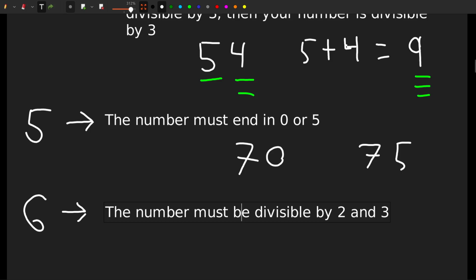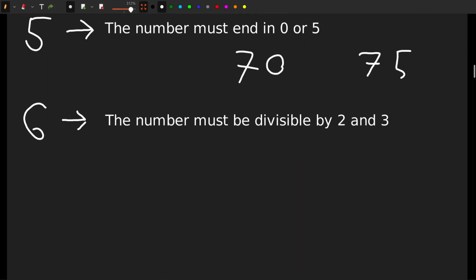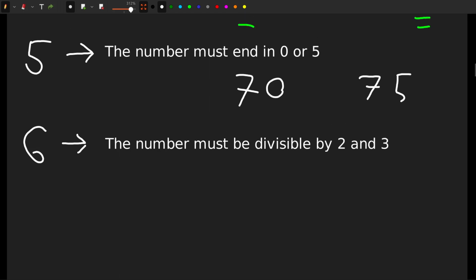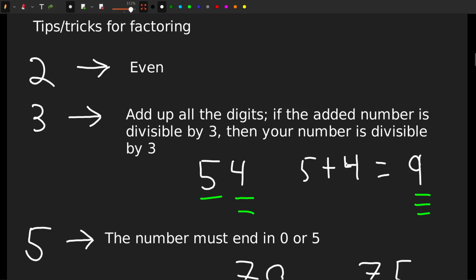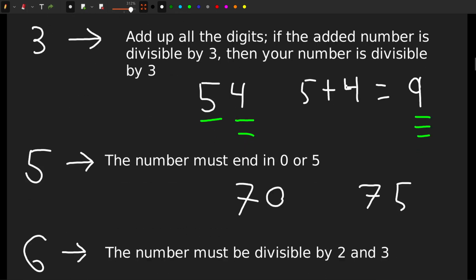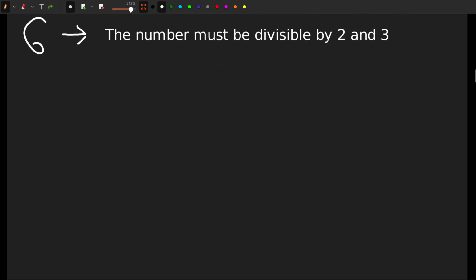So, put quite simply, you use the factor rules that we found for 2 and 3. Whoops, that moved way too quick for me. So the number must be even, and then if you add up all the digits and that's divisible by 3, then you have 2 and 3, and therefore you're also divisible by 6. It's actually really kind of cool. Neat little trick.